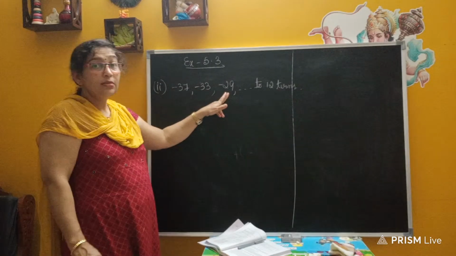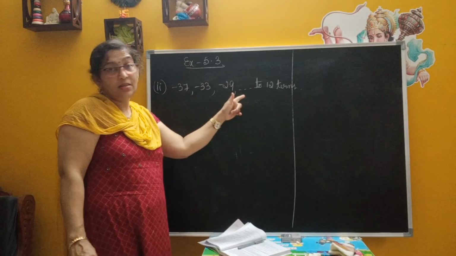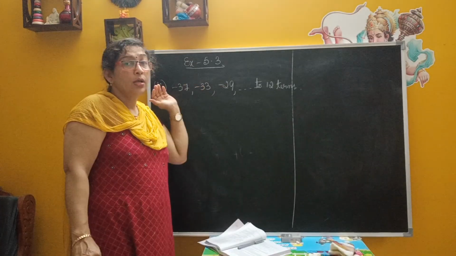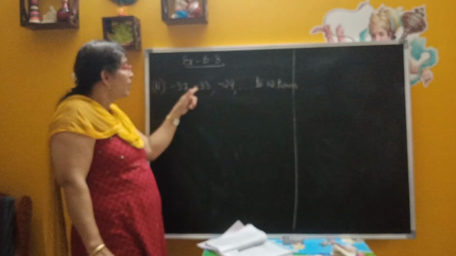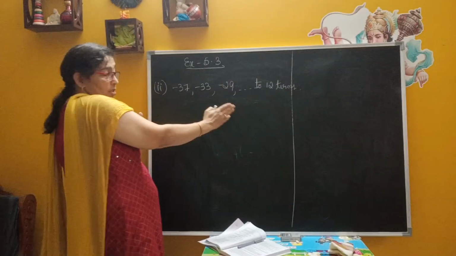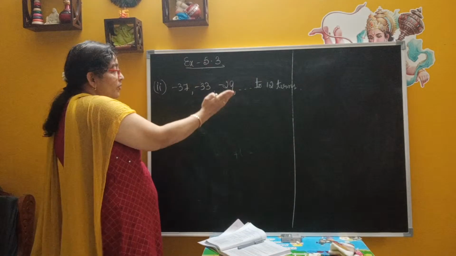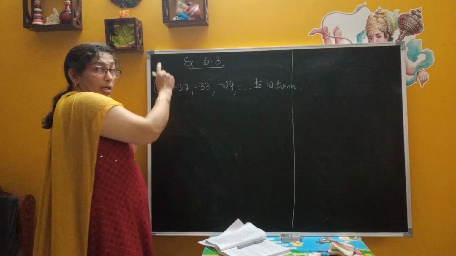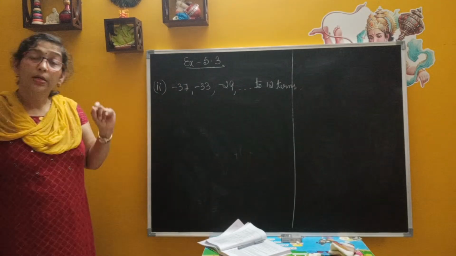It is in which order? Increasing order, because as we move to the right on the number line, the value increases. Minus 37, next on the right side of minus 37 we get minus 33, and on the right of that we get minus 29. So it is in increasing order only. So d should be of which sign?